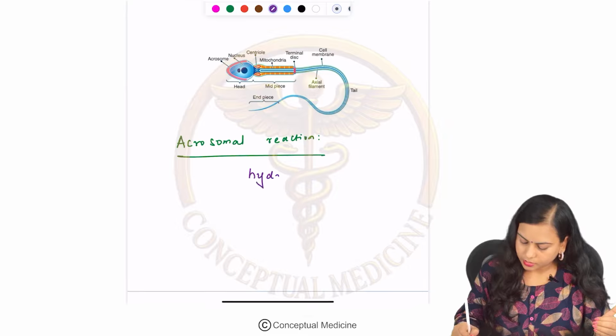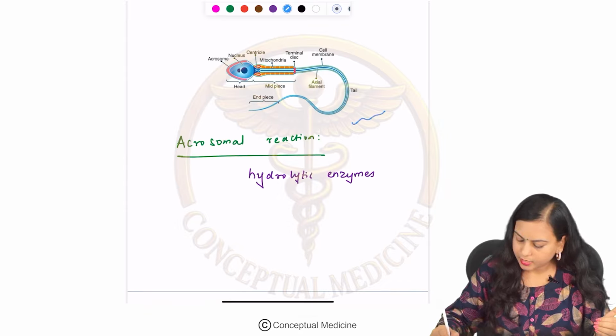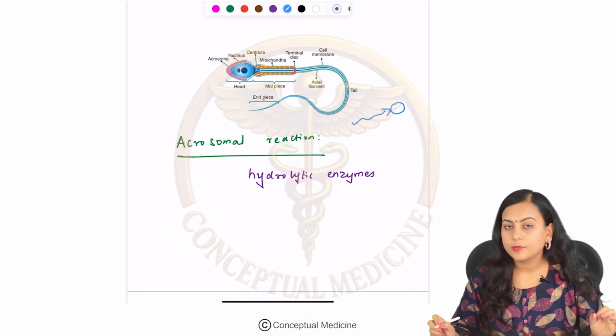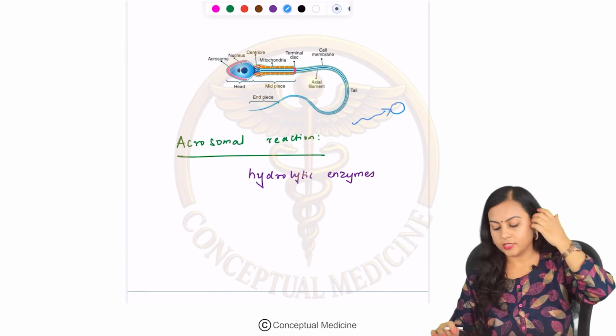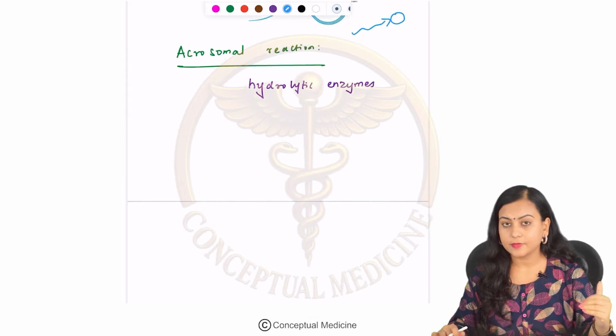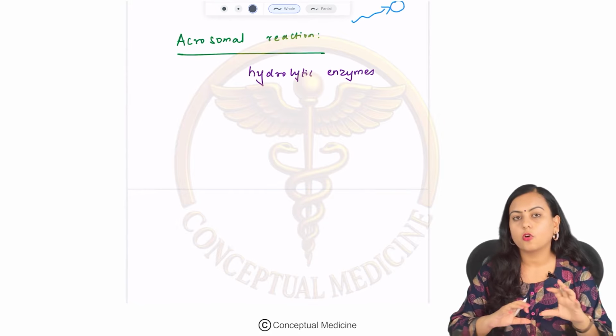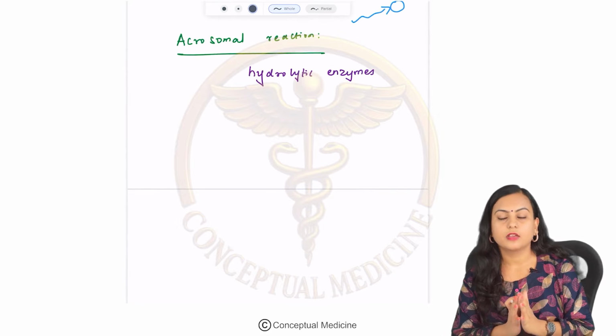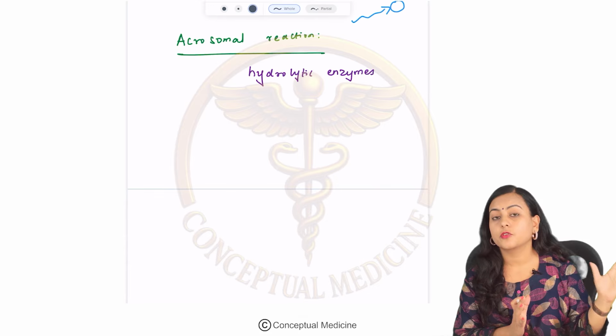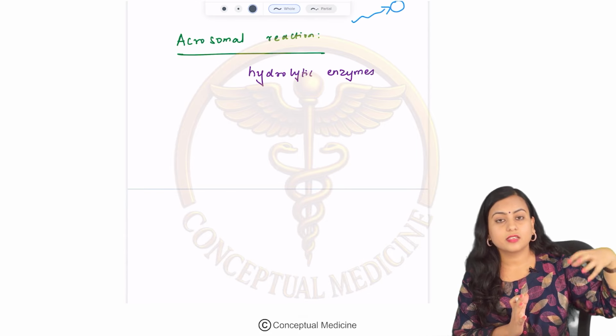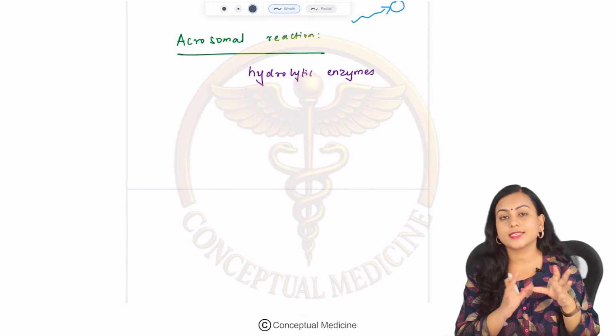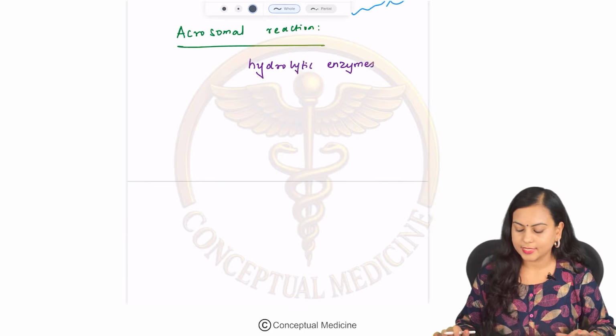So when a sperm is meeting an egg, there will be a reaction that will release the hydrolytic enzymes from the acrosome, which will digest all the contents surrounding the egg. We have seen the structure of the graafian follicle, so you know how many layers the oocyte is surrounded by. All these layers will be digested by these acrosomal enzymes.